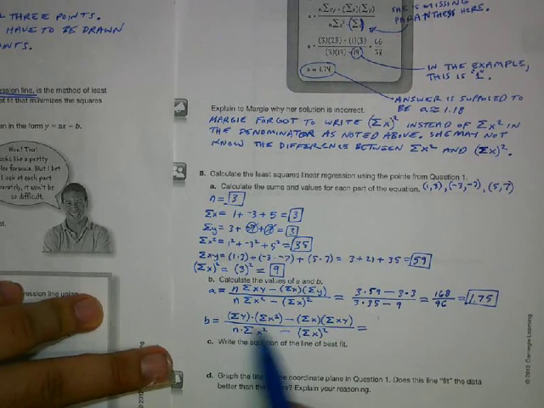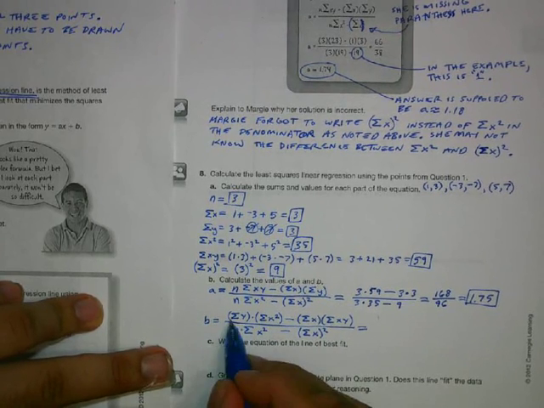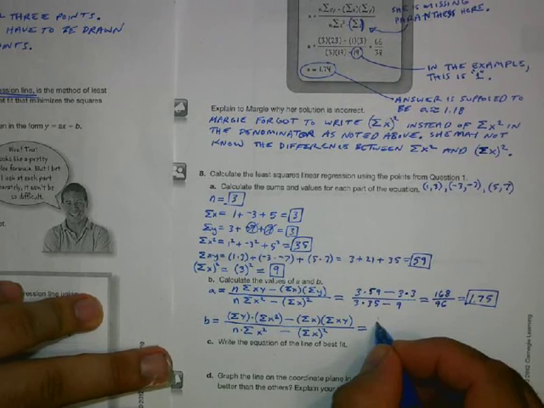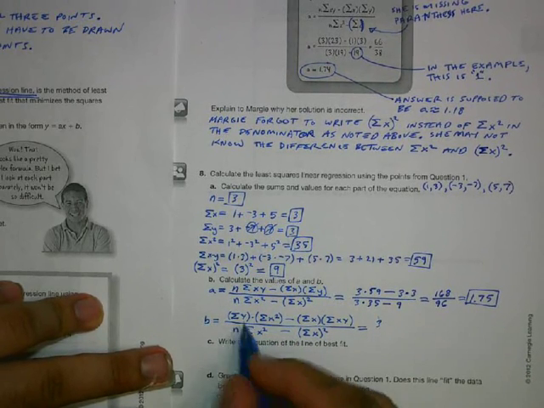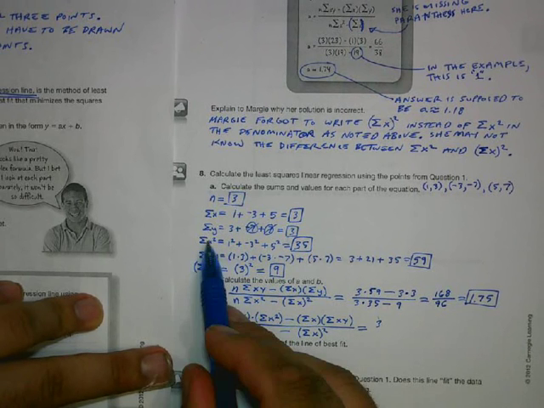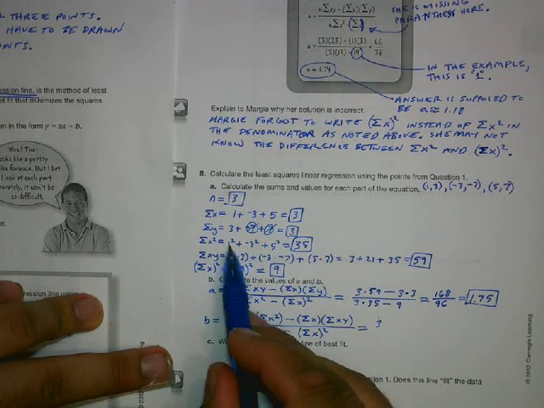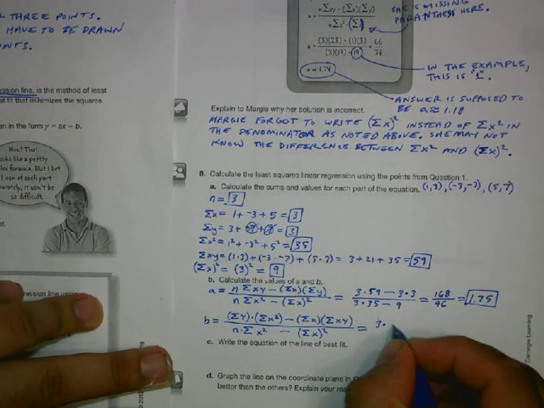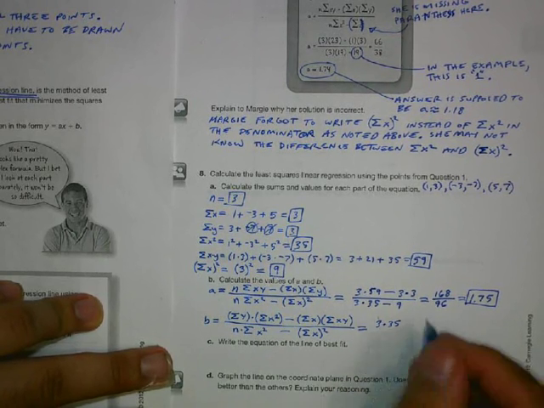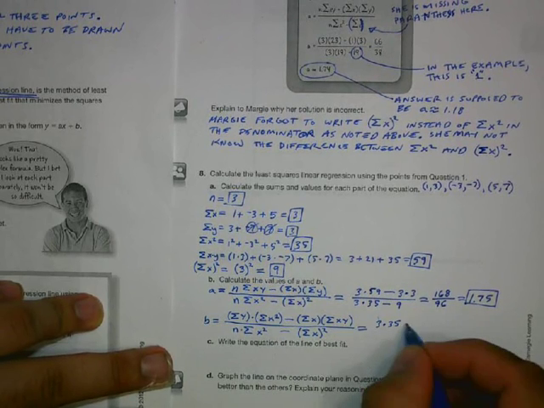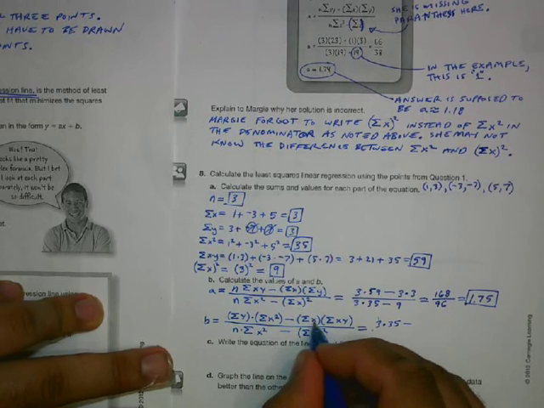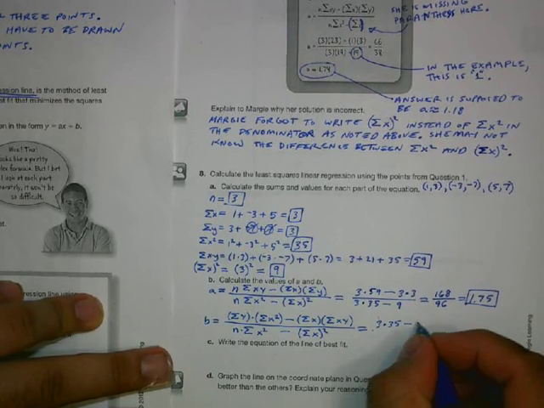Down here. Summation of y was 3. So we'll put a 3 right there. Summation of x squared, and we got 35. So we'll multiply that by 35. And then we're going to do the subtraction symbol. And then let's do summation of x. Summation of x is 3.